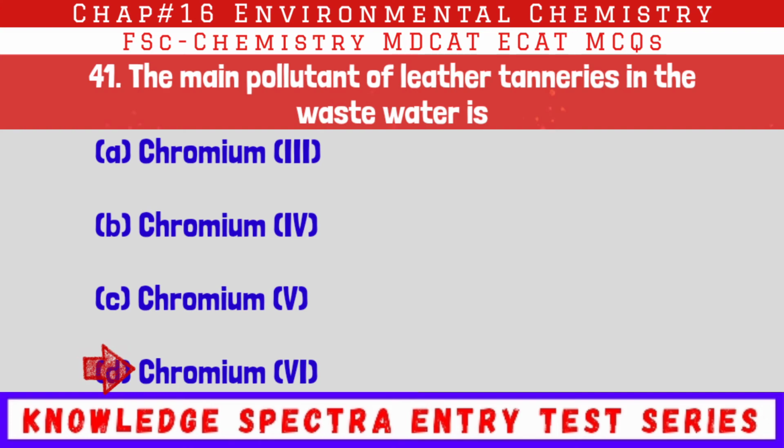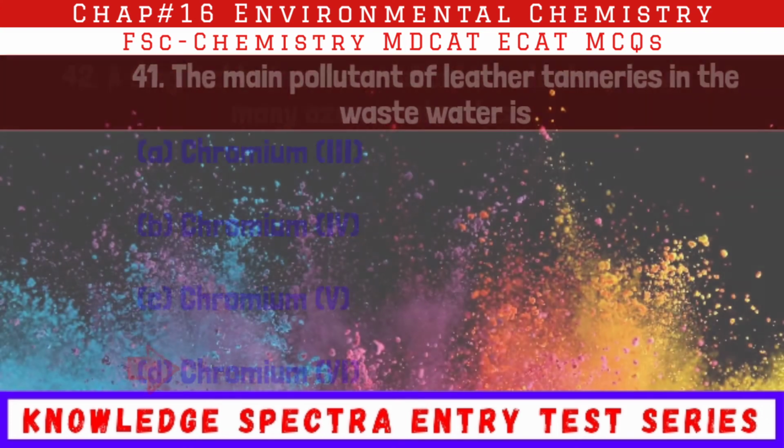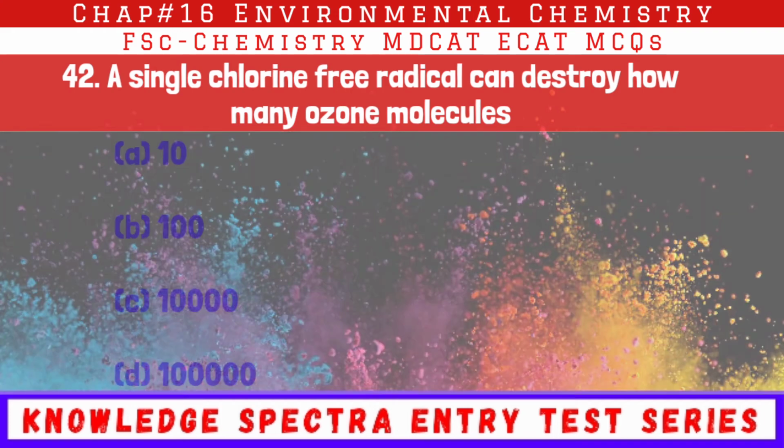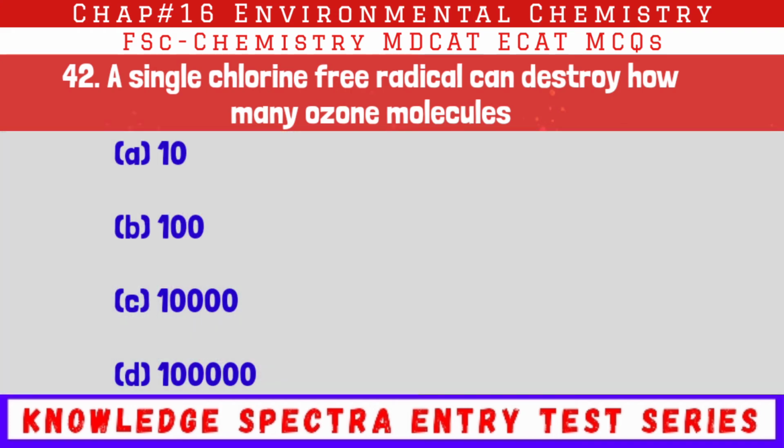Correct answer is D. Chromium 6. 42. A single chlorine free radical can destroy how many ozone molecules? A. 10, B. 100, C. 10,000, D. 100,000. Correct answer is D. 100,000.